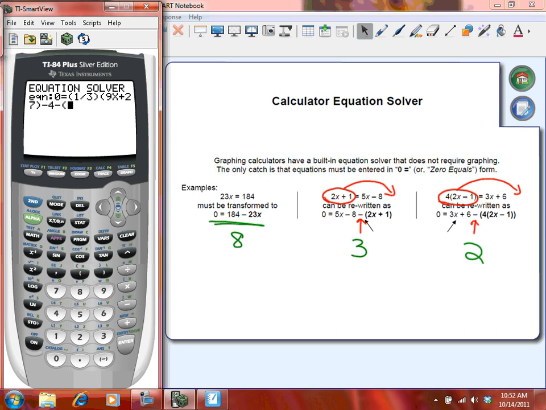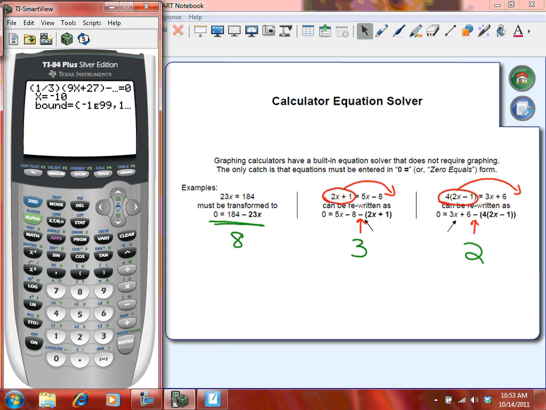That fraction is going to have to be in parentheses. So we're going to do parentheses, 1 divided by 2, close the parenthesis. Then we're going to do another parenthesis, 2x plus 54, close that parenthesis. But then you also have to have an extra parenthesis to close off the whole thing. So it's going to look like this. A little tricky with the fractions. Hit enter.